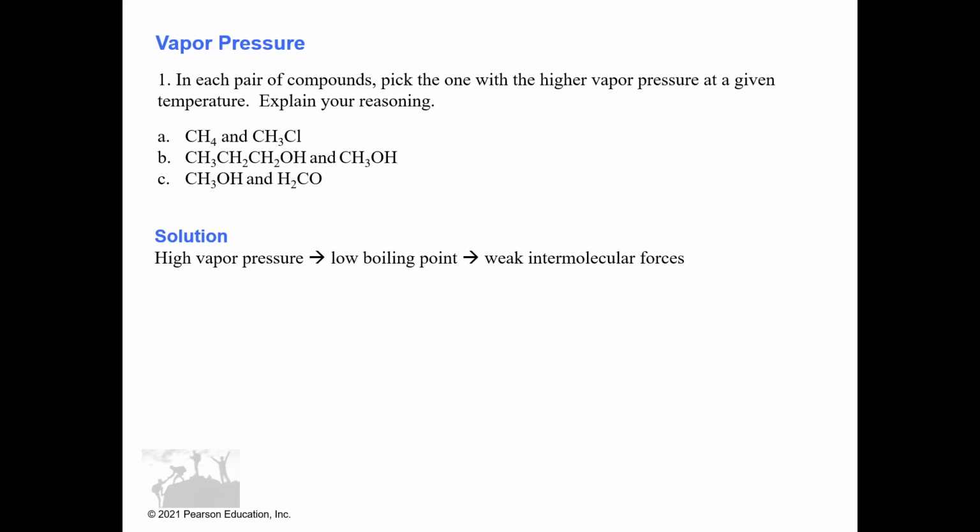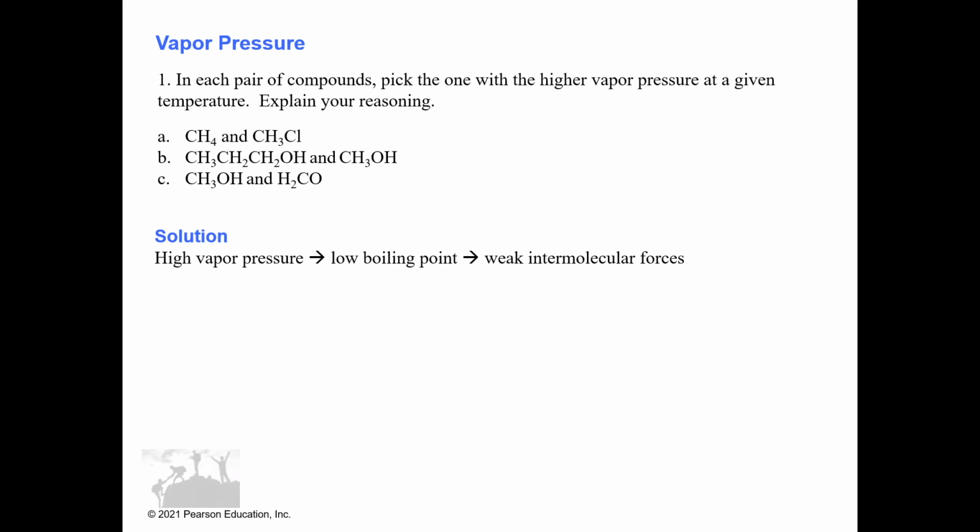Okay, so for a problem like this, make sure that you have the relationships written out. If a substance has weak intermolecular forces, then not too much energy is needed to overcome those forces. So if we're working with a liquid and we're trying to boil it to a gas, that boiling point will be very low.